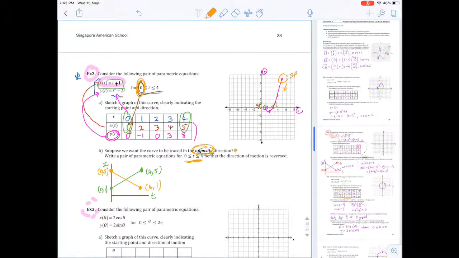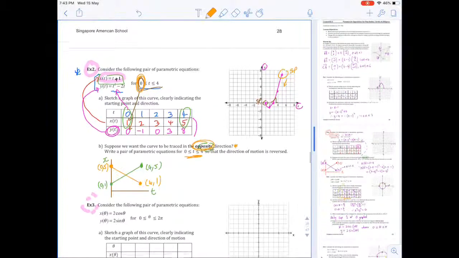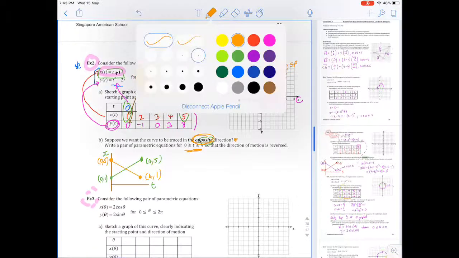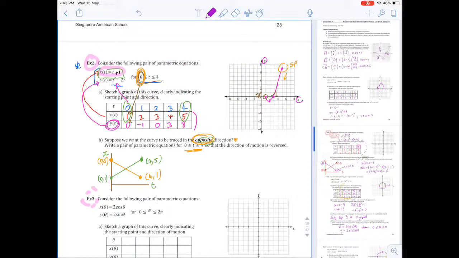Okay, and so now we can rewrite our set of parametric equations. You can do this in terms of reflections. It might help you to understand this. In this case, I'm going to keep it a little bit simpler, and we're just going to focus on what is the equation of our new x-t relationship.